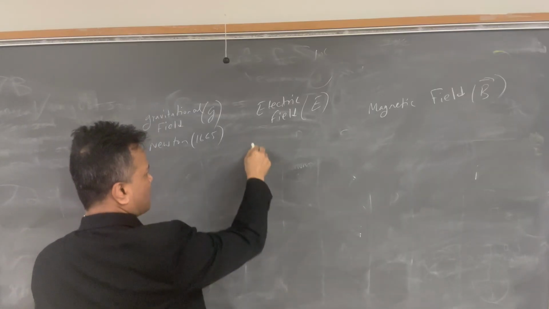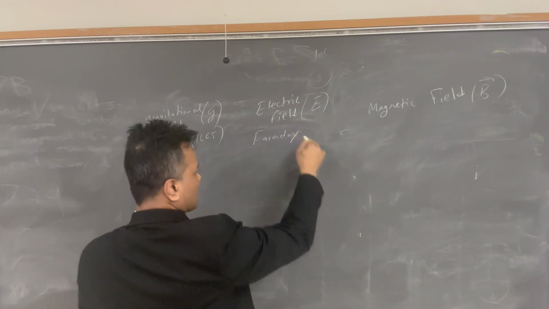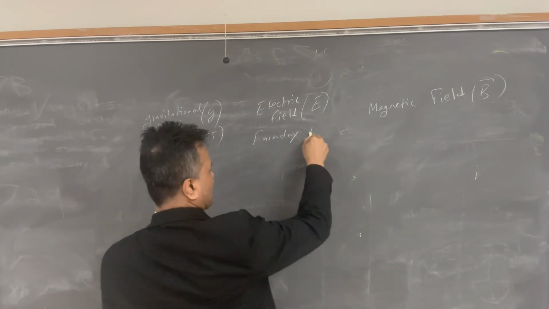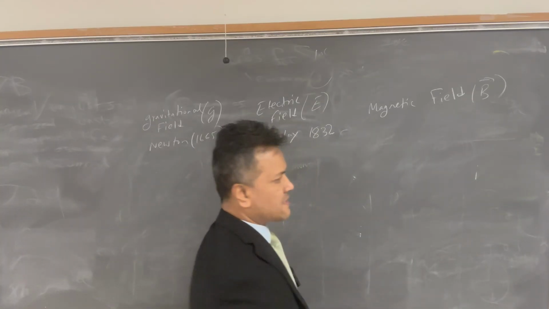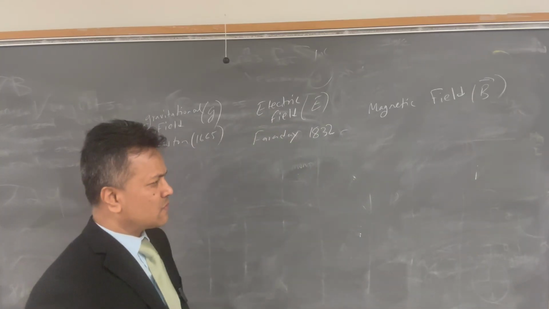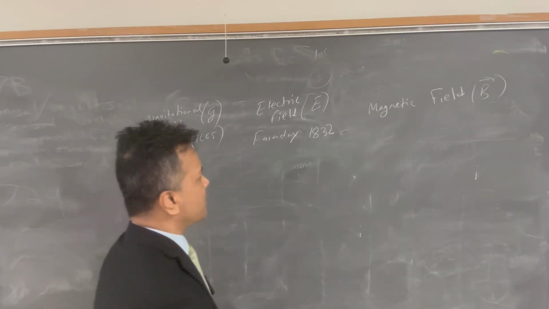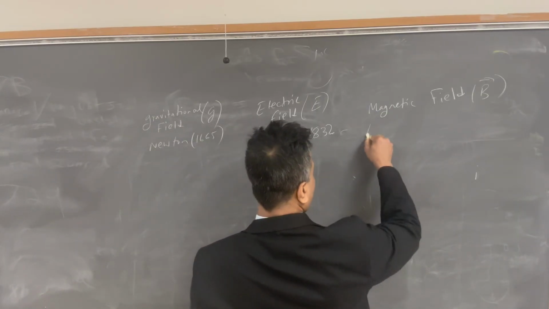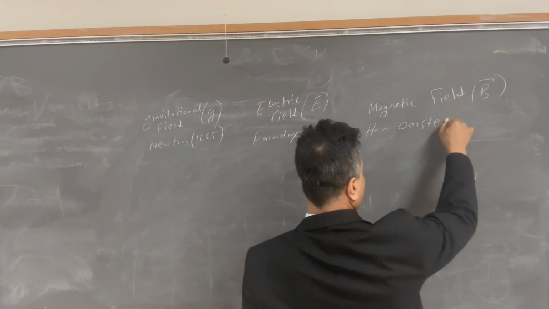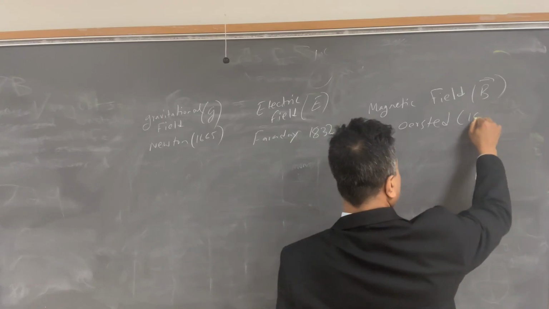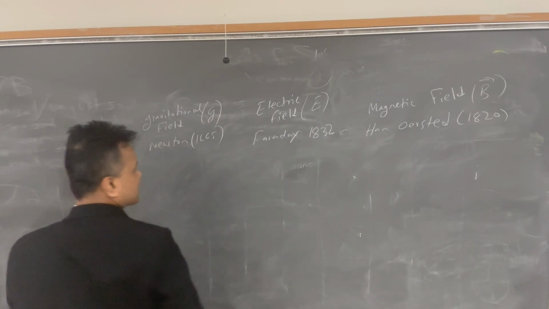Electric field discovered by Faraday, 1832. Faraday's law of induction, we're going to do it tomorrow. The same year, 1832. Magnetic field was Hans Ørsted, Danish, 1820. The same year current was invented by Ampere.